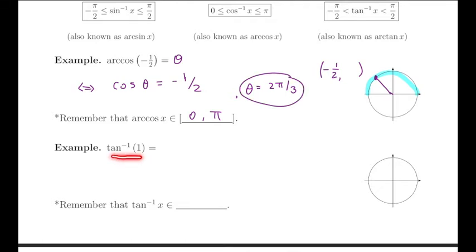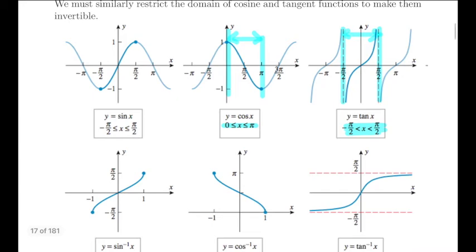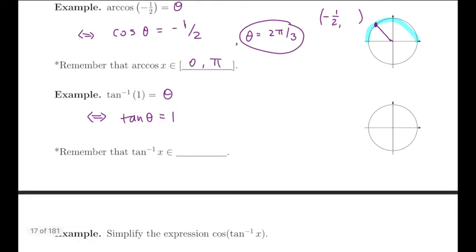Similarly, for this other example, arctan of 1, we're going to set it equal to theta, and rewrite this without the inverse, so that means tan theta is 1. And remember, our restriction for tangent was from -pi/2 to pi/2. So let's write that down here.